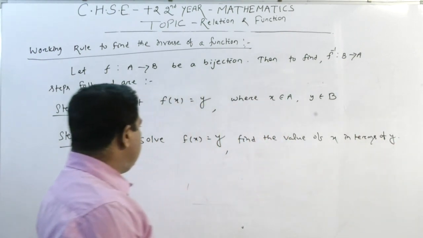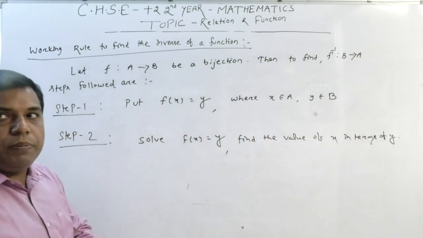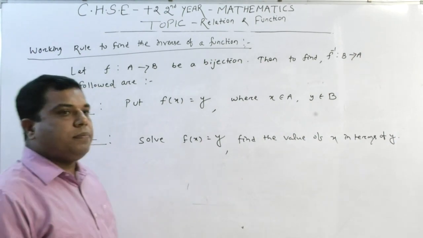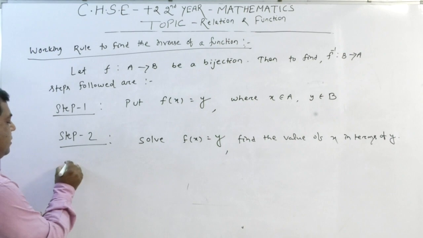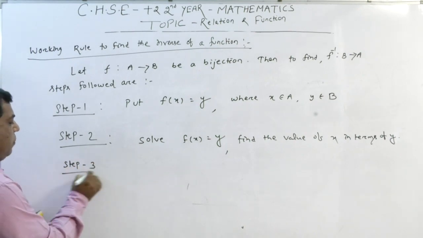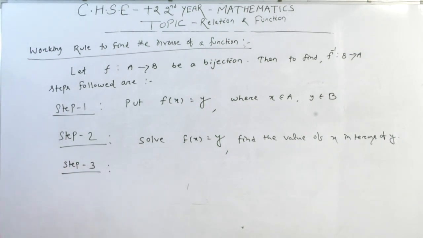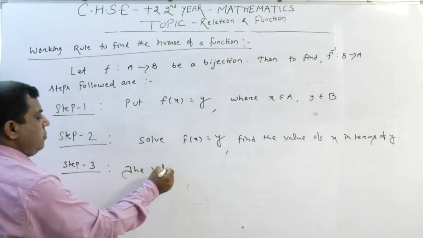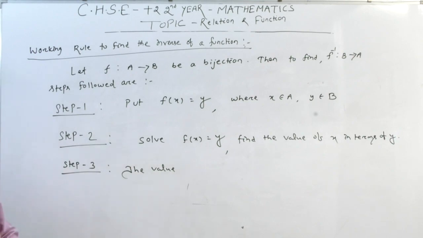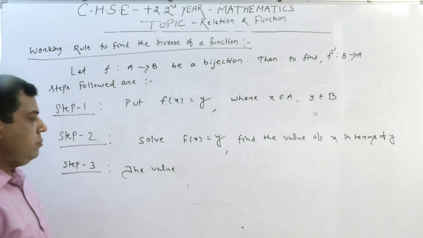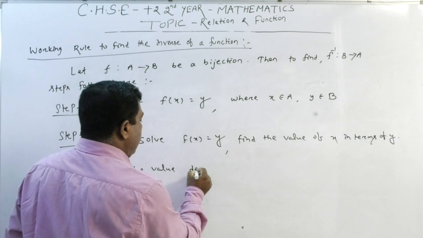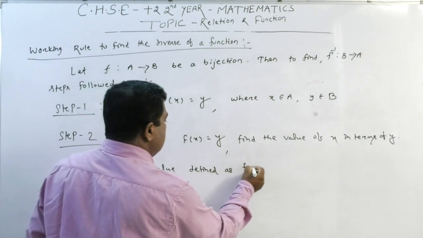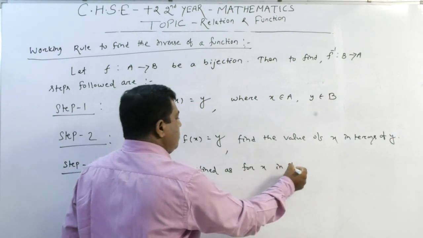So this is the second step. That means we have to solve it and write x in terms of y. Next, the third and final step is to take the value obtained for x in step 2.